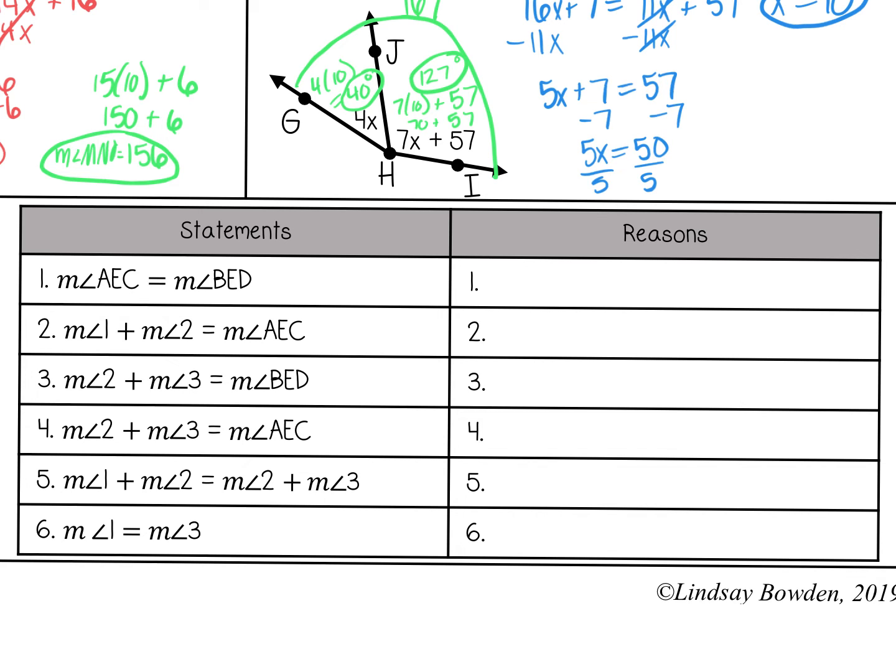Okay, so number 1 is obviously your given. Okay, so then, oh, I gotta look, yeah, we need the picture here.